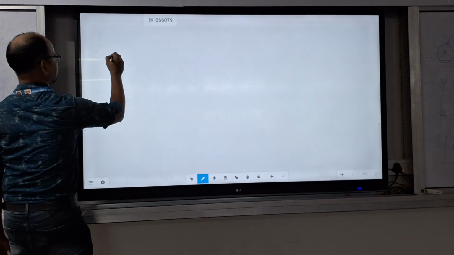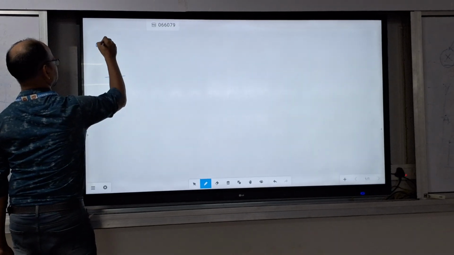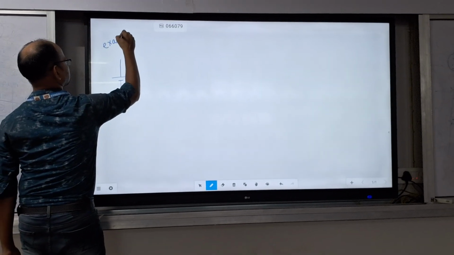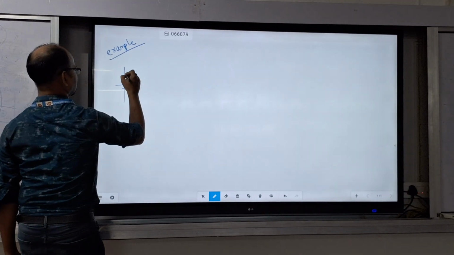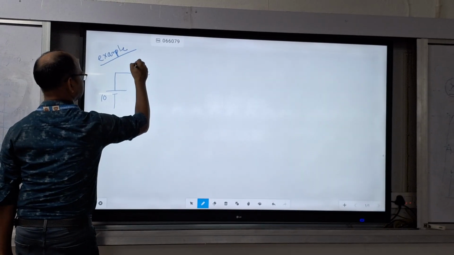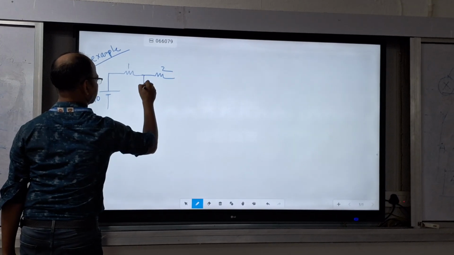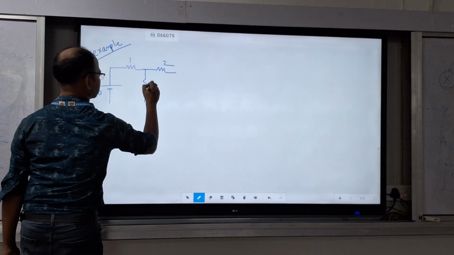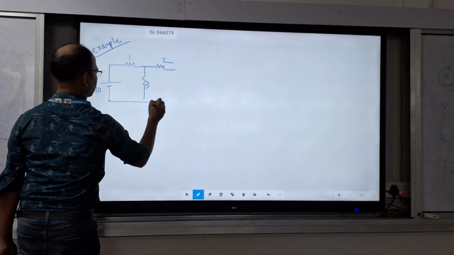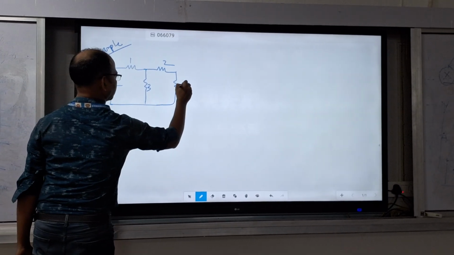Suppose I am taking this one as an example. Here the voltage is 10 volt, here the resistance is 1 ohm, here 2 ohm, this is 3 ohm, and this is 4 ohm.